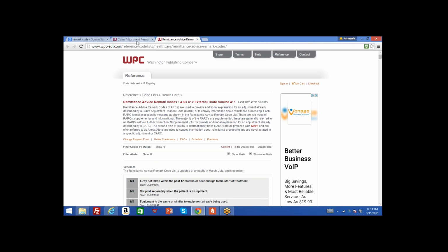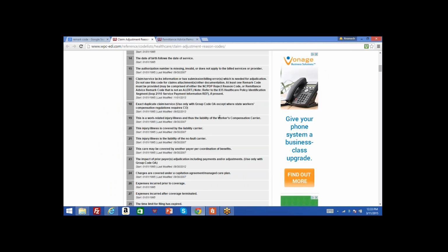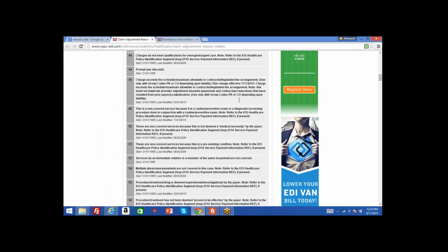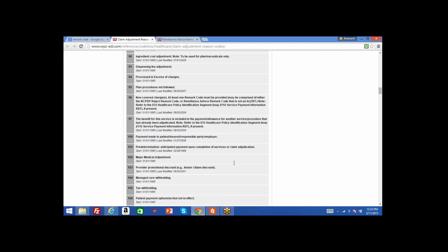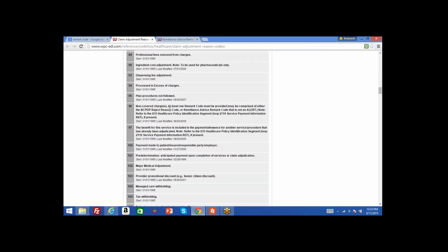This 18 can be used if the line is a duplicate of another line. If the claim itself is a duplicate of one of the history claims, you can use 18. So there are multiple situations where this 18 can be used on the 835.